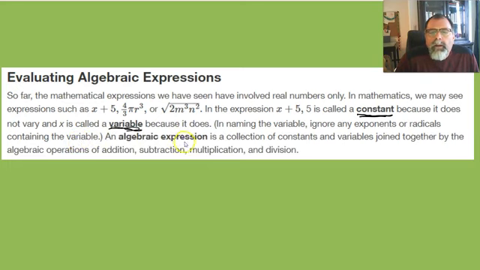Okay, and here's the definition: an algebraic expression is a collection of constants and variables joined together by algebraic operations, your math stuff. Add, subtract, multiply, divide, and of course you can have powers and things like that.